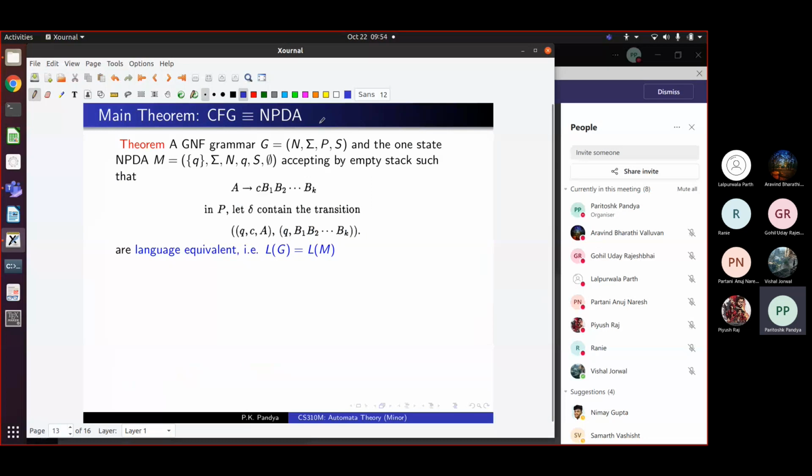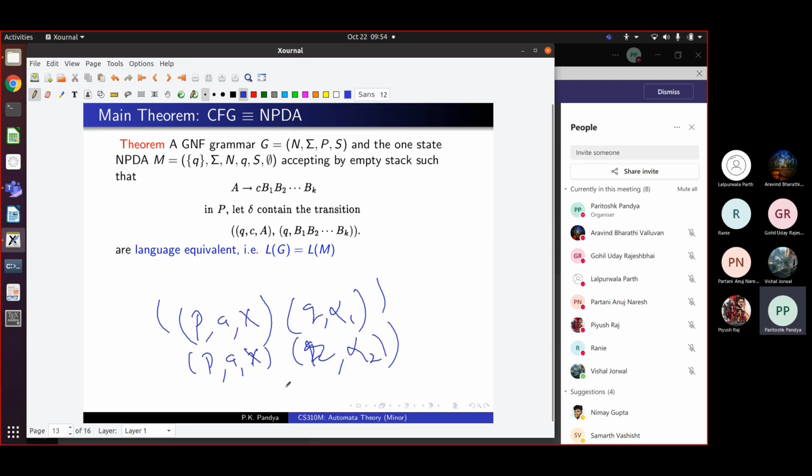And now we have this main theorem. These push down automata are called non-deterministic because from the same state P and symbol X, I may go to Q replacing X by, let us say, alpha 1, and I can also have simultaneously in my table a rule which says P, A, X, the same X, can non-deterministically also go to state R, changing the stack by replacing X by alpha 2.